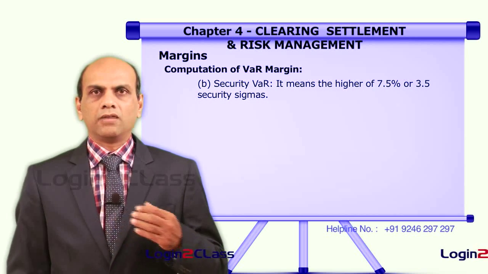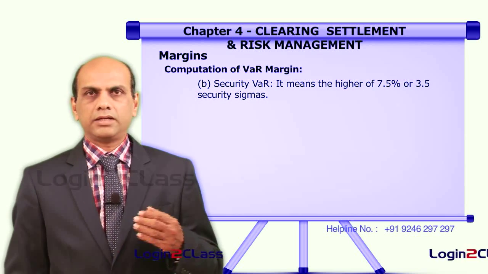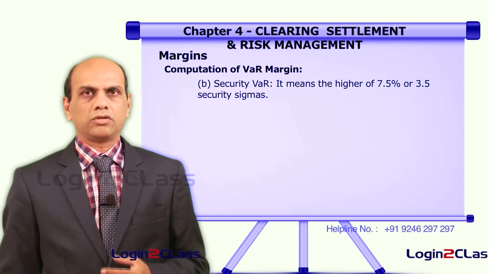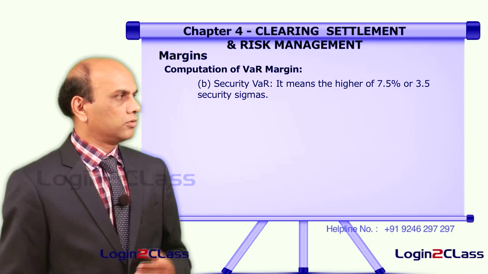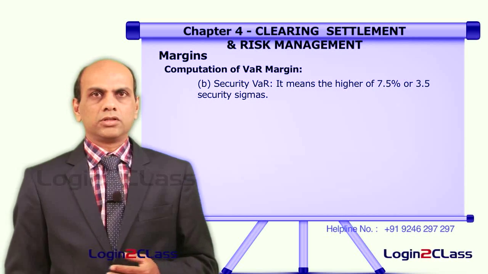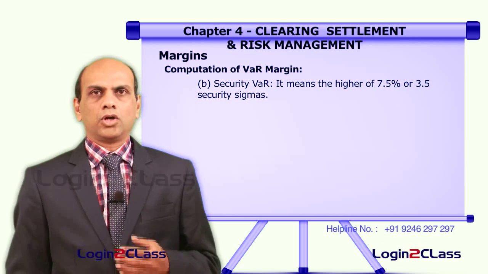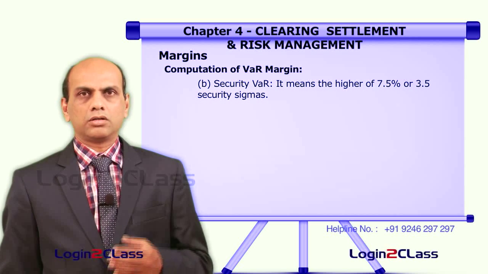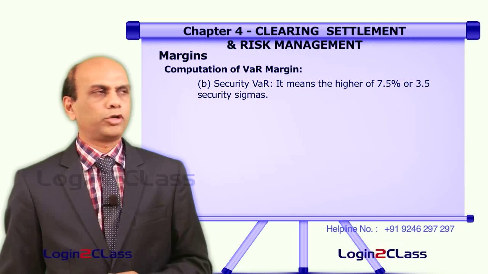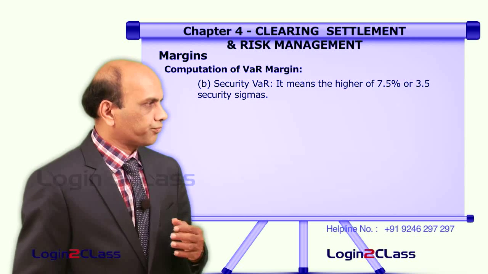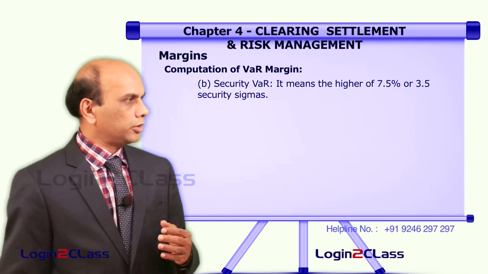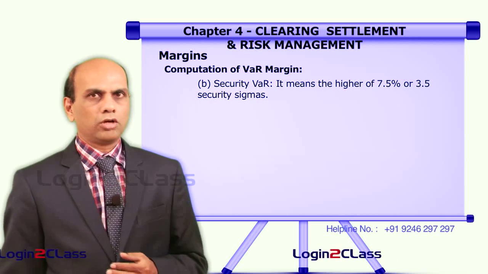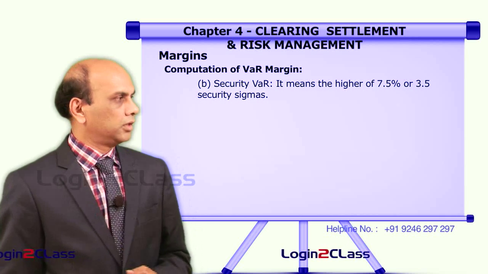That means, if the volatility, or the movement of the stock, is 10%, then we arrive at 30% as the security VAR for that particular security. So, we use this particular methodology for calculating what should be the margin structure for that particular security.